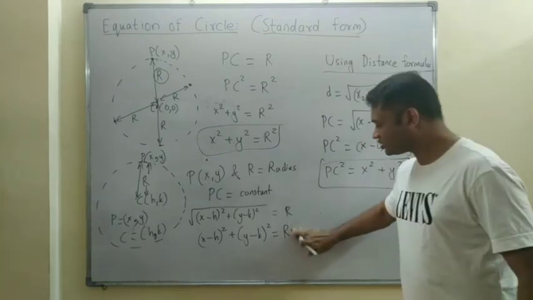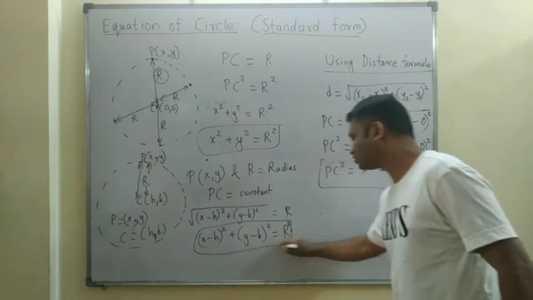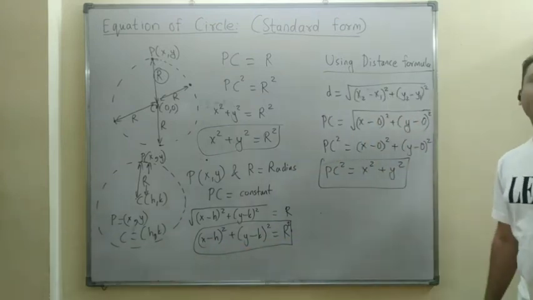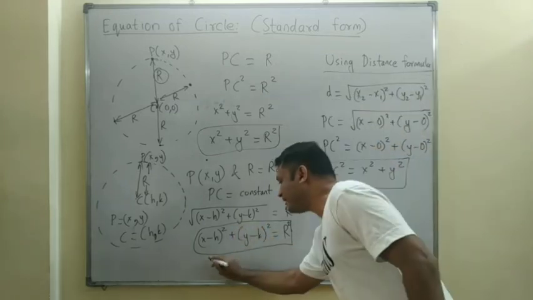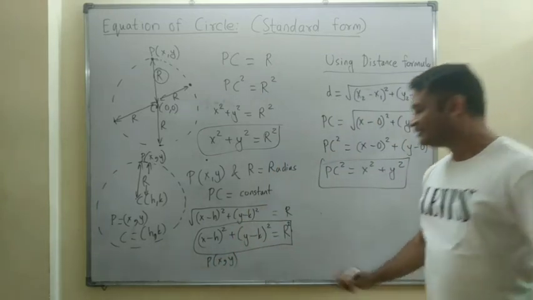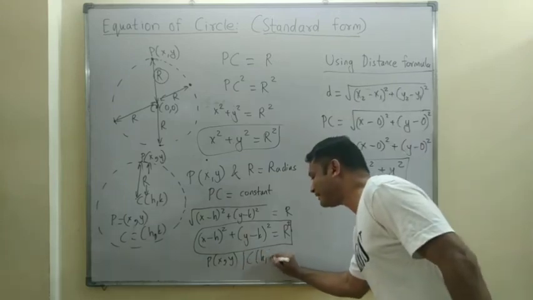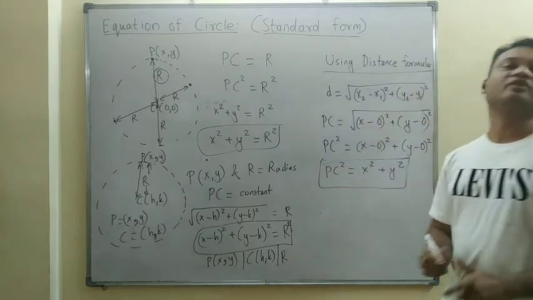So in this case, P, x, y is the general point on circle, C, h, k is the center of the circle, and r is the radius of circle.